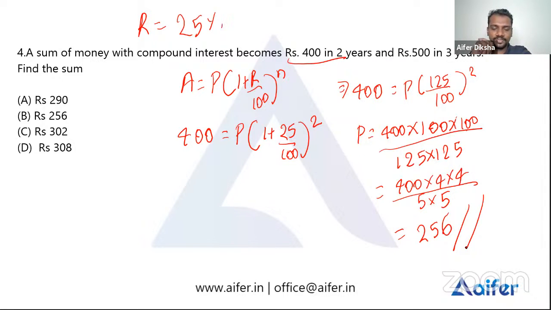I know simple interest and compound interest are a bit tough, but we have just done 3 questions, remember? SI equal to PRT by 100, and for compound interest, amount A equal to P into 1 plus R by 100 raised to N. You just have to use both equations in different ways. I hope you don't have any more doubts.